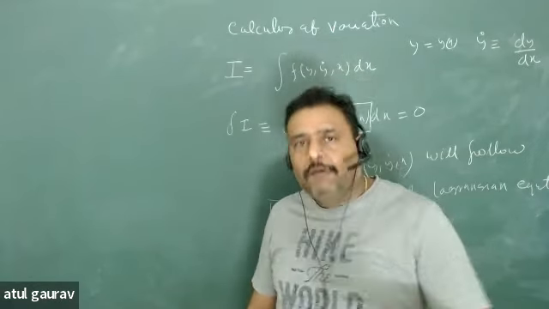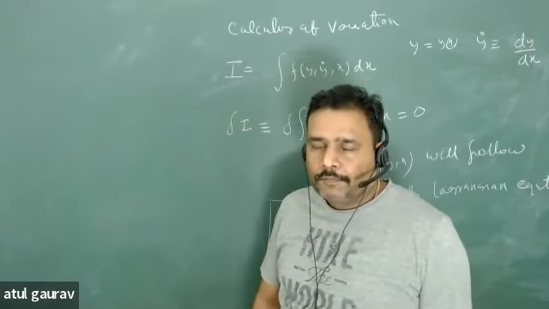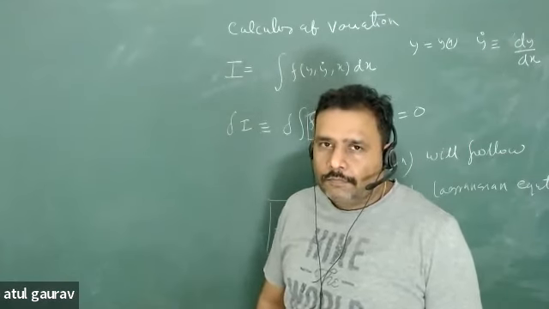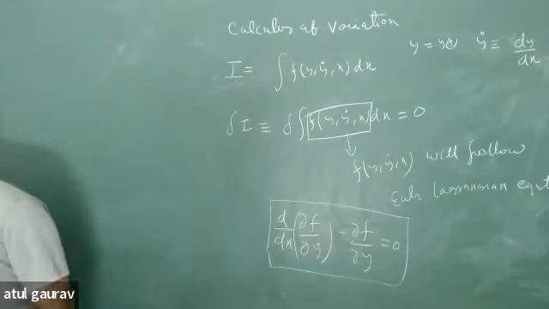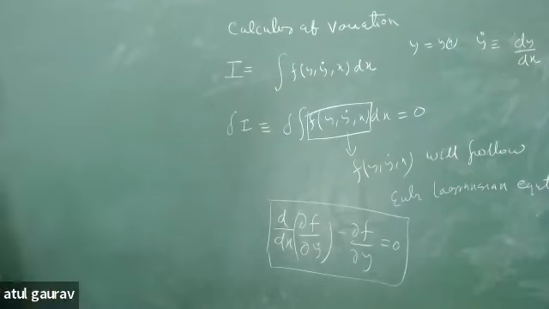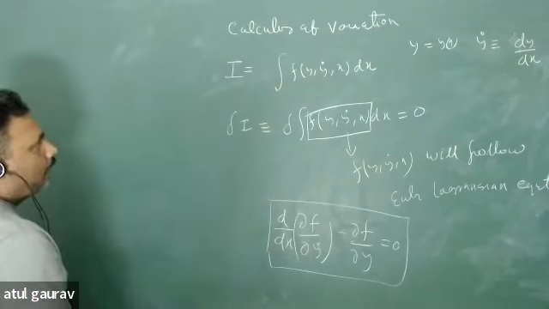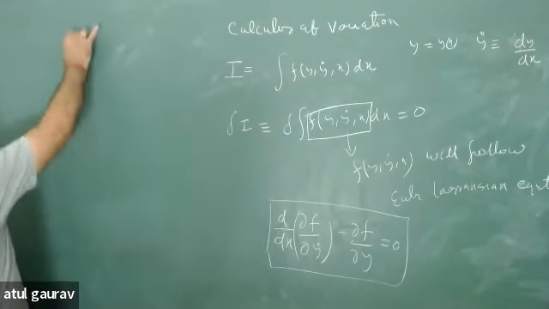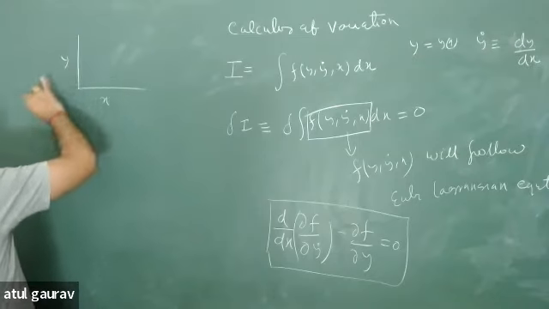Let me ask you a question. What will be the shape of the shortest path in a plane? Straight line. Everyone knows this is nothing but a straight line. Let's try to prove it with the help of calculus of variation. We have x and this is y.